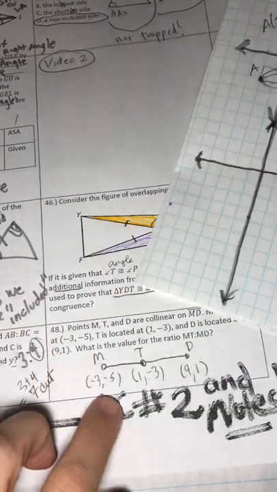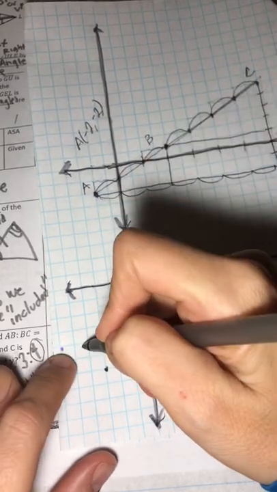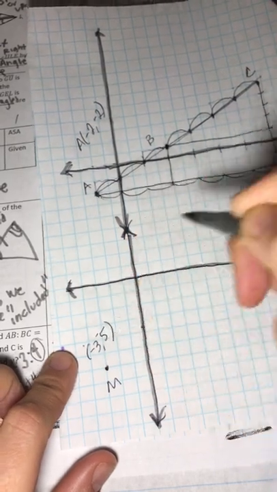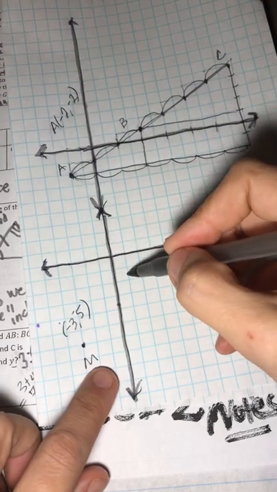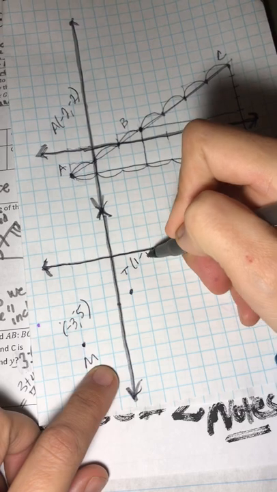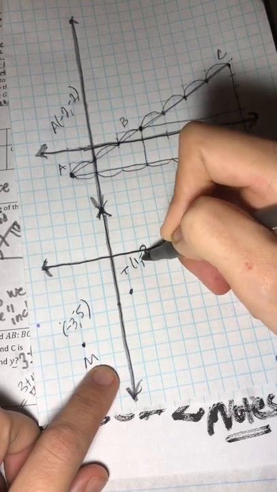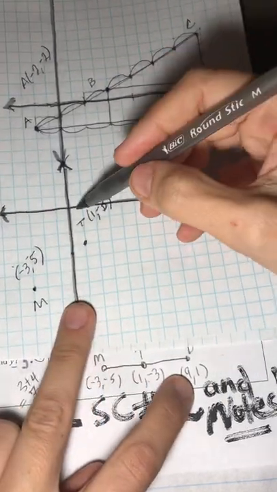Now let's graph each of these points. Make sure you label them too. (-3, -5) is M. T is (1, -3). And then D is (9, 1).